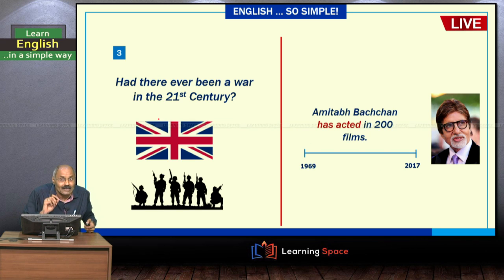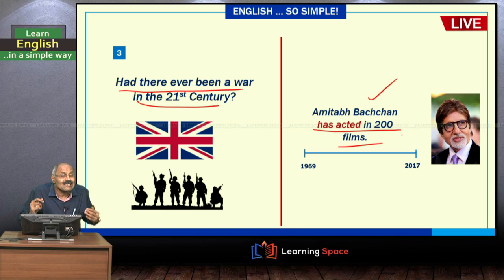Here look into this. Had there ever been a war in the 21st century? We are talking about the 21st century, so till date. Here "had" is used, but look at the Amitabh Bachchan example. Amitabh Bachchan has acted in 200 films.